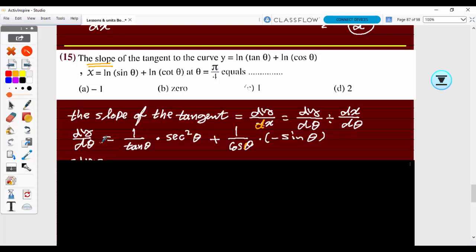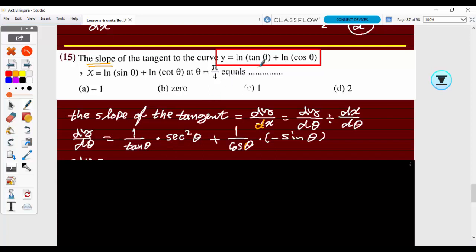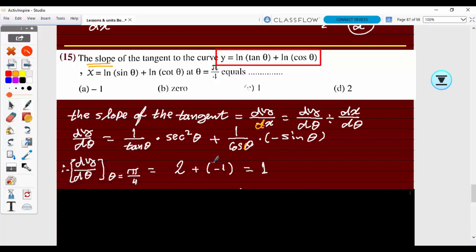And again, we will calculate dy/dθ. dy/dθ equals 1 over tan θ dot the derivative of tan θ, which is sec² θ, plus the derivative of ln cos θ, which is 1 over cos θ multiplied by the derivative of cos θ itself, which is negative sin θ. Substituting θ equals π/4, you will get this part equals 2, and the other is negative 1.